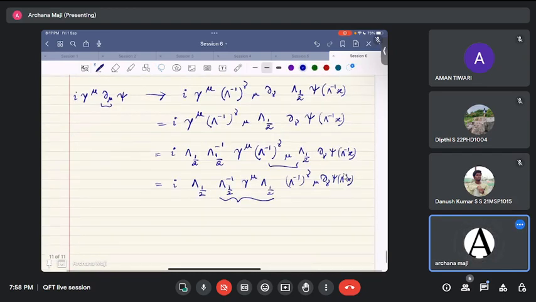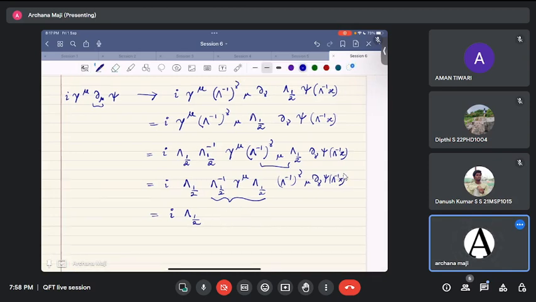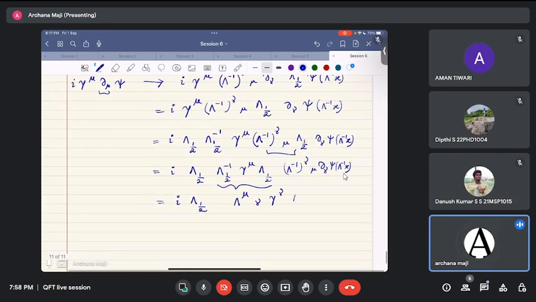So therefore this is equal to i lambda half, this is gamma mu lambda half, this is lambda mu nu gamma nu. Okay, and we have lambda inverse del nu psi x.